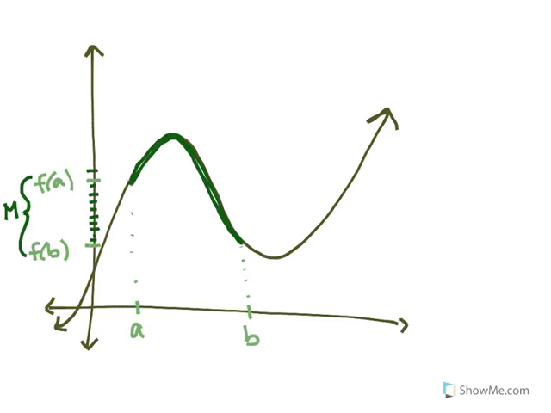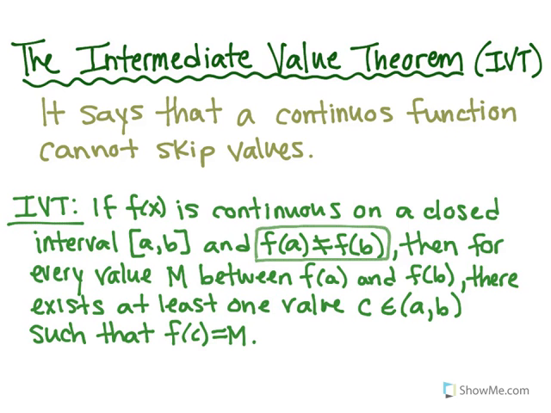And actually this continues to go up even farther. So this is all of m. Basically what it says is that the function is going to hit every m that's in between f of a and f of b, just like that.